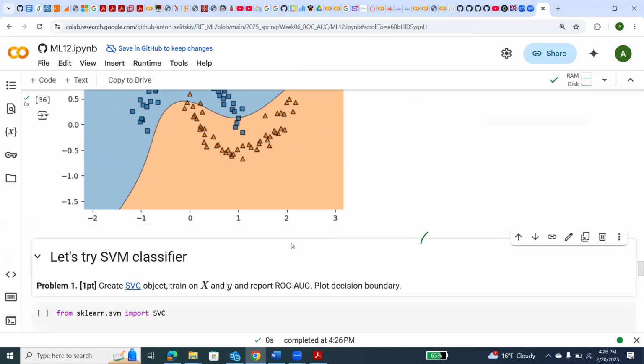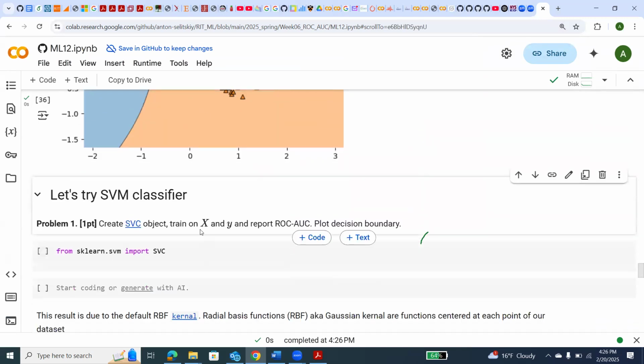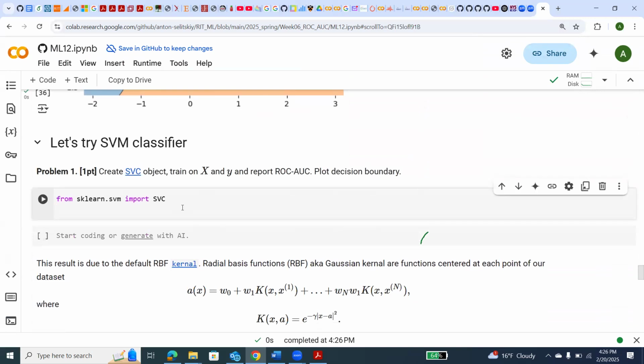Finally, support vector machine, our first problem. Just apply the support vector classifier from the box.